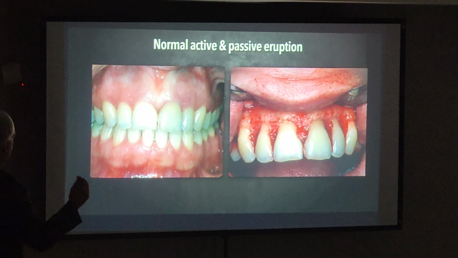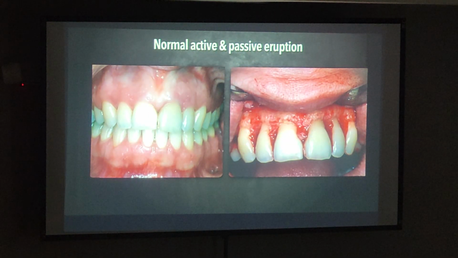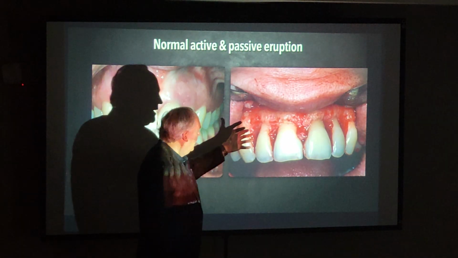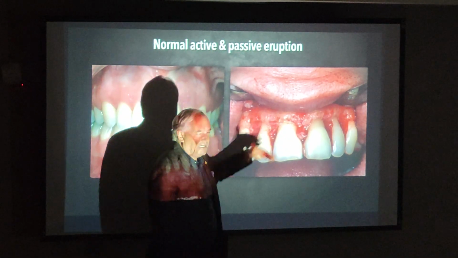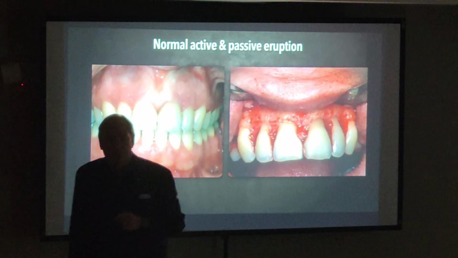So let's look at this. I talked a little bit about that, but I want to be clear about it. Remember, active eruption is the process where the teeth are erupting out of the bone, and passive eruption is when the tissues are receding into the position that they should be, right?